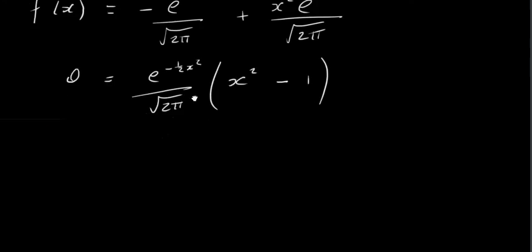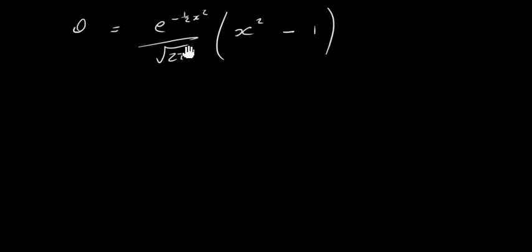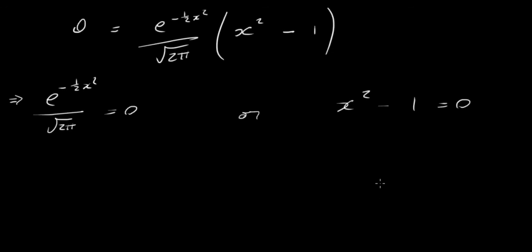So let's see if we can work out what x would be. Now in order for this multiplied by this to be equal to 0, that would mean that e to the power of minus a half x squared over square root 2 pi is equal to 0, or over here x squared minus 1 should be equal to 0. So let's work this out.